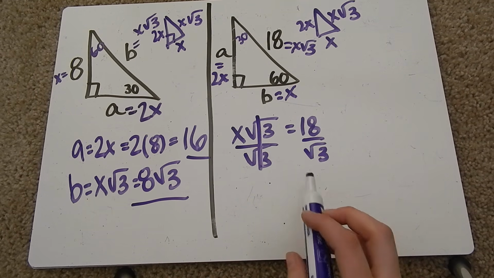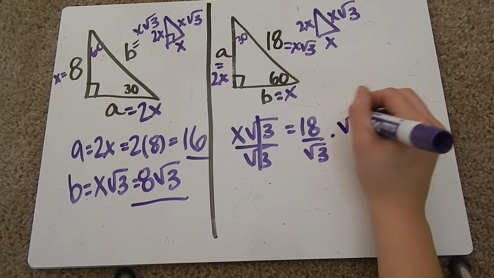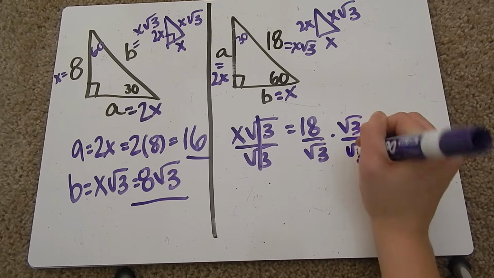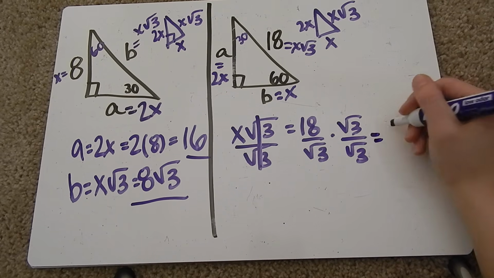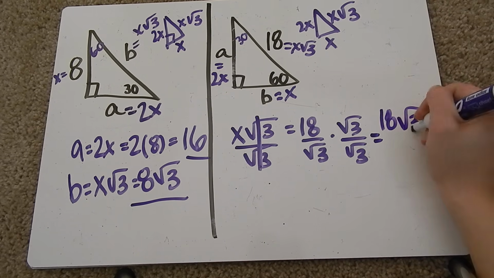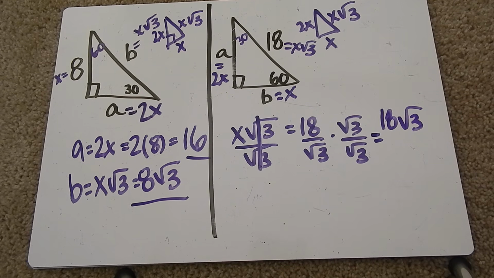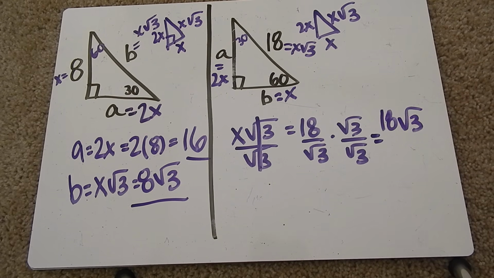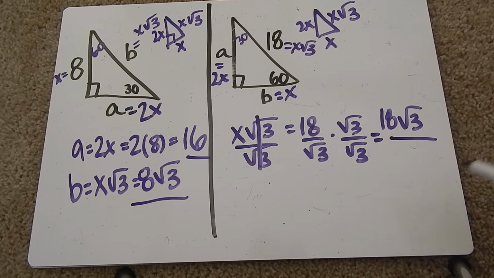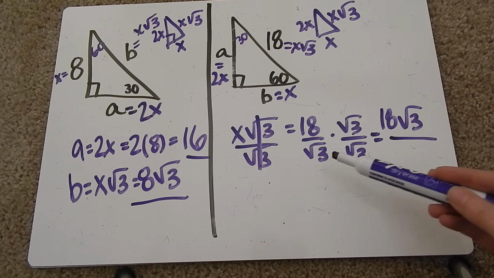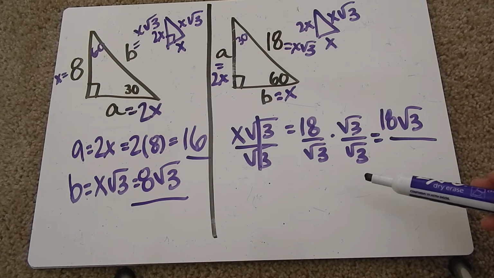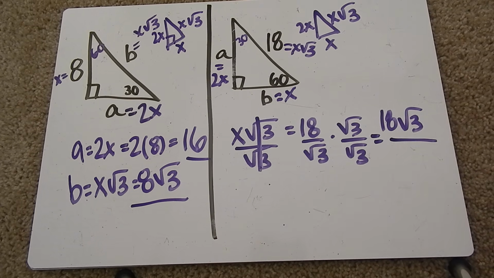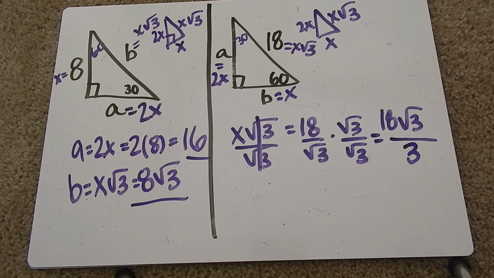Remember, we can't have a square root on the bottom, so we rationalize by multiplying the square root of 3 over the square root of 3. That leaves me with 18 square root of 3 on the top because we just multiply across. And on the bottom, the square root of 3 times the square root of 3 becomes the square root of 9, but the square root of 9 is 3.